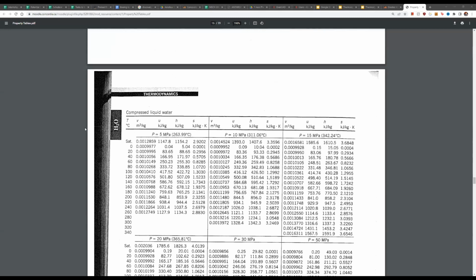You won't go any lower. So if, for example, you know that you're in the compressed liquid water state, but your pressure is at 2 megapascals, just use this table. You're given, I don't know, 80 degrees Celsius, then you just use this line, even though it's not equal to the same pressure. That's just the general rule.